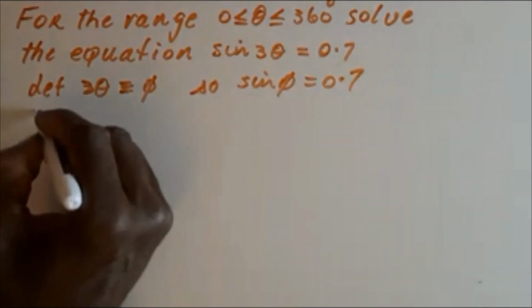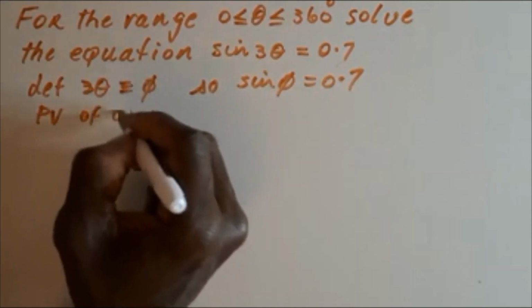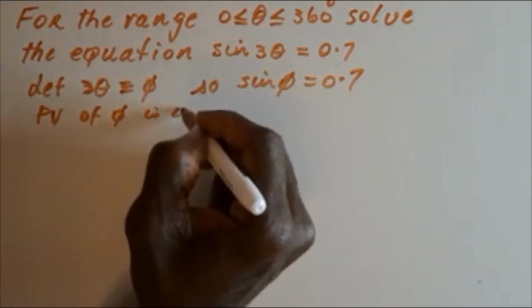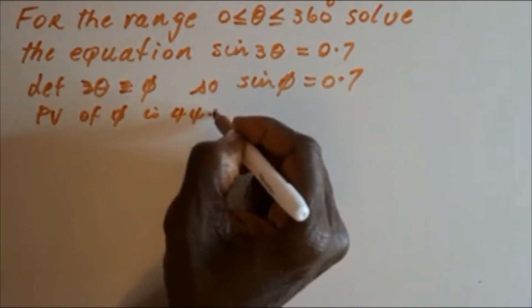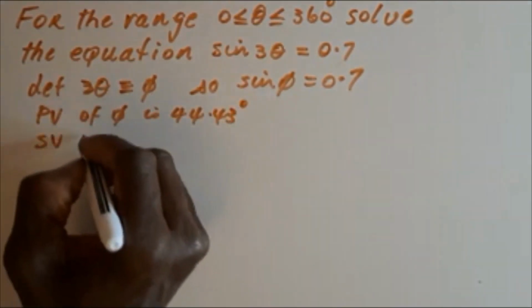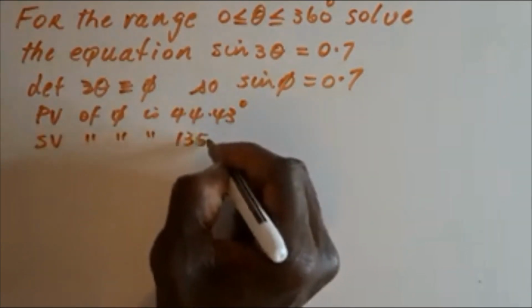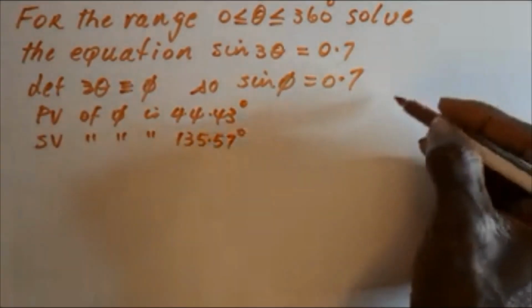Now our principal value of phi is 44.43 degrees, and our secondary value is 135.57 degrees.